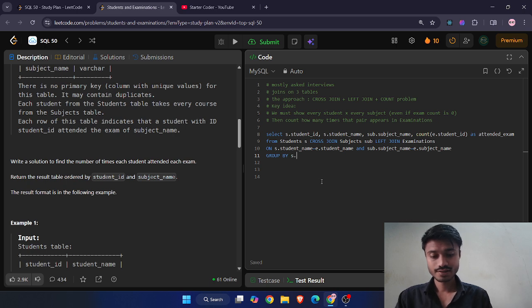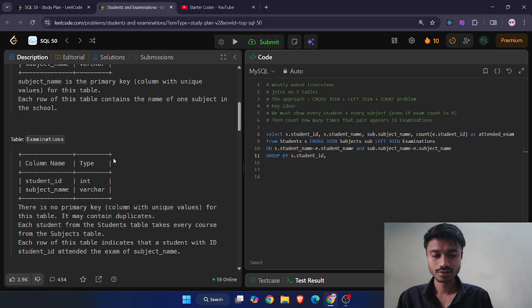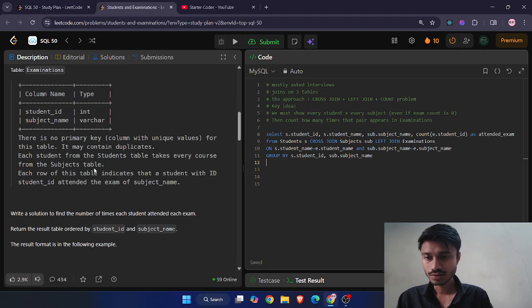Group by s dot student id and subject name, right? So subject name comes from sub dot subject name.